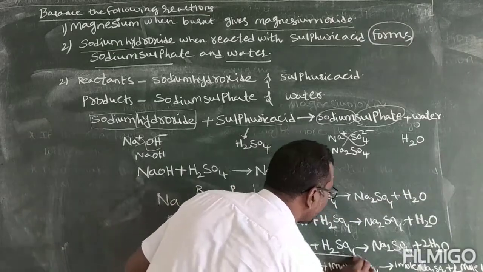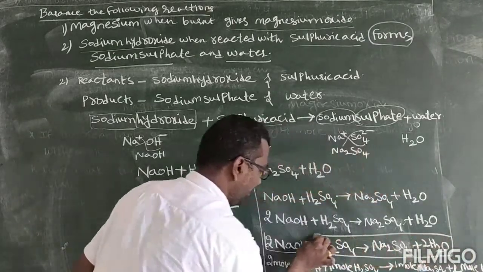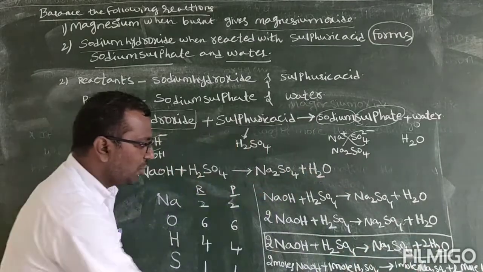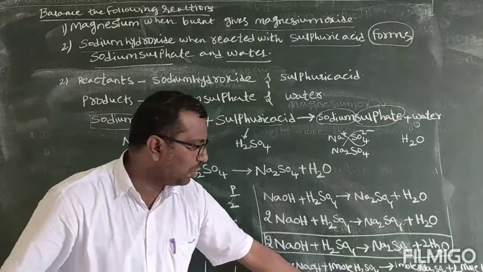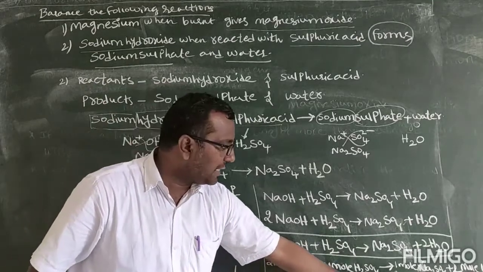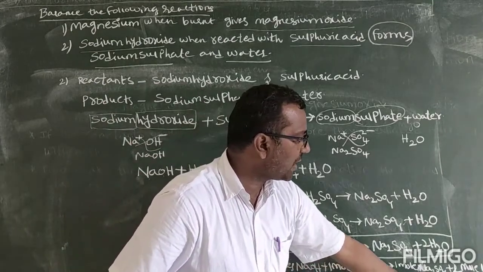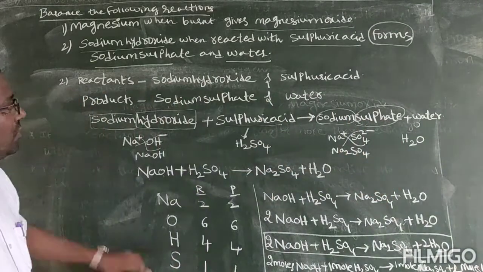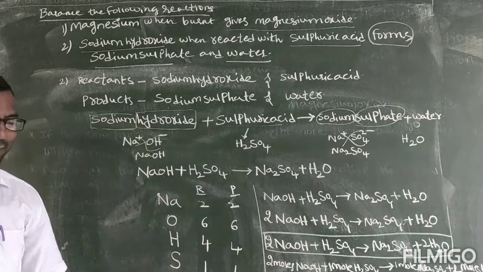So this is the balanced equation. And how will we read it? 2 moles of NaOH plus 1 mole of sulfuric acid gives rise to 1 mole of sodium sulfate and 2 moles of water. So this is the way we have to balance.